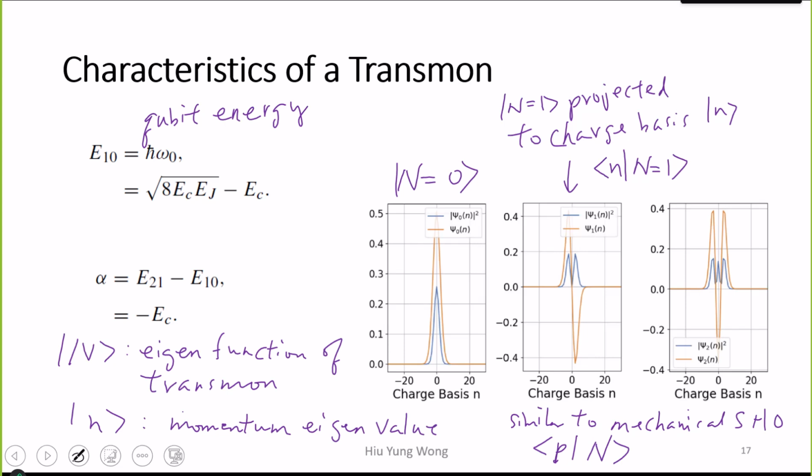Capital N is just like the number of quanta, so it's 0, 1, 2, 3, 4, 5, 6. We did not prove it, but it turned out to be.